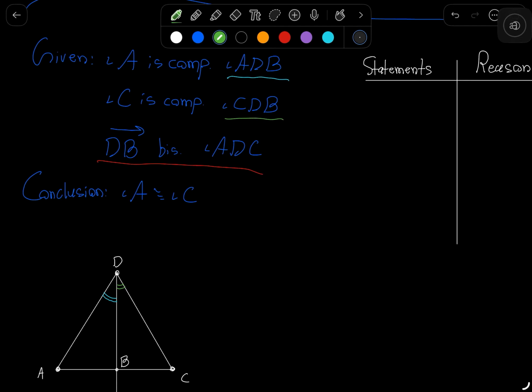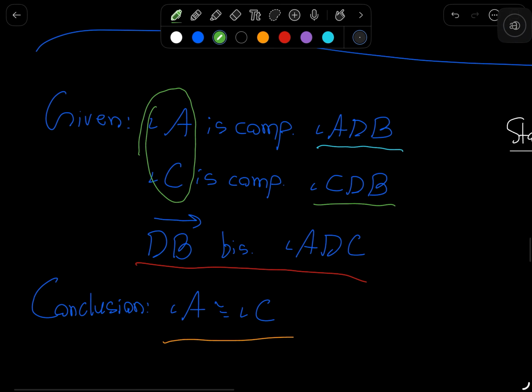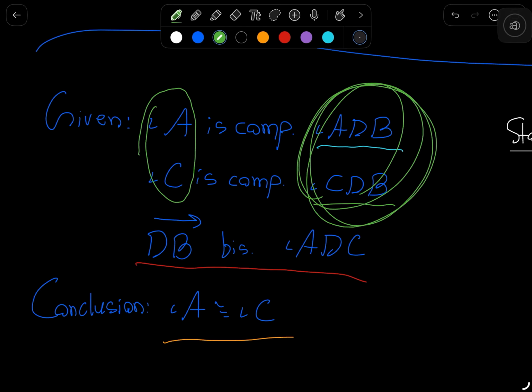And we know that our end goal is to prove that those two are congruent to each other, angle A and angle C. Well, if you go back to the theorem that we learned quite some time ago, you'll realize that makes sense, because think about this. You have both of these angles, and they're complementary to congruent angles, because remember, these two are congruent.